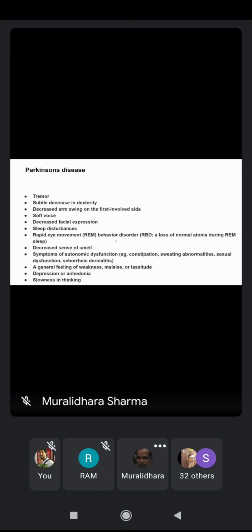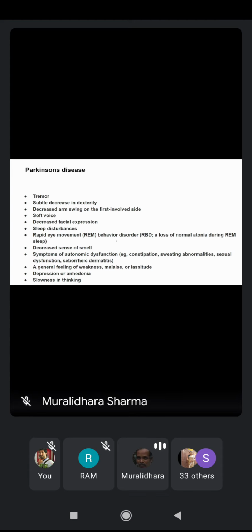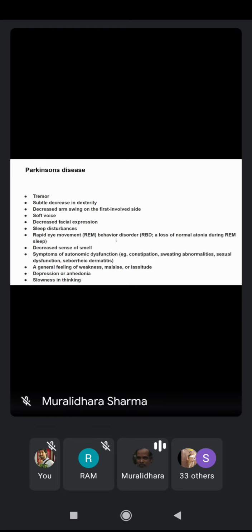Anyway, a typical Parkinson's condition, whether Parkinson's syndrome or Parkinson's disease, presents with the typical clinical symptoms of tremor and the finer movements being affected, a subtle decrease in dexterity. Patient may find it difficult to do very fine movements, starting with threading a needle to writing and so on.